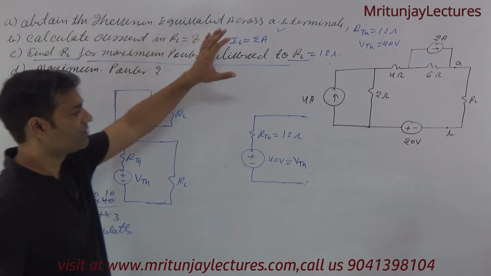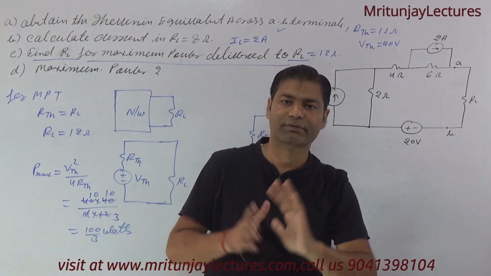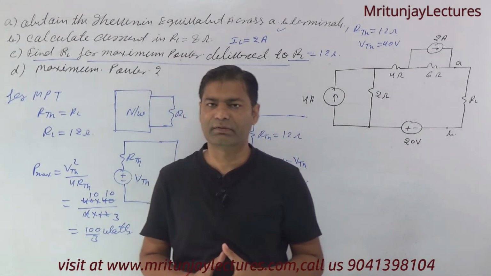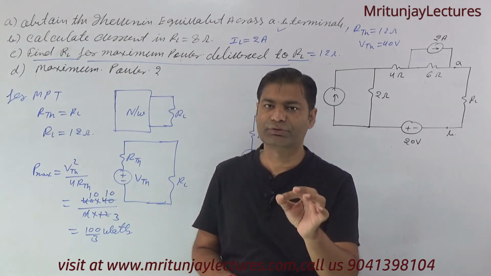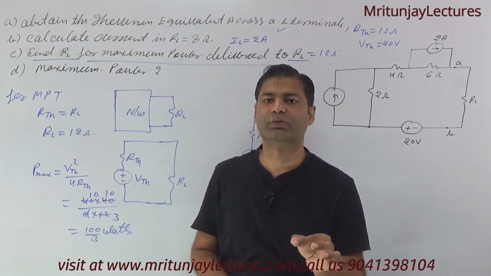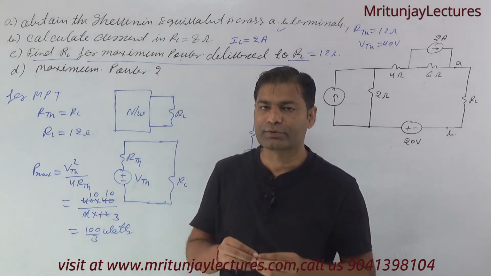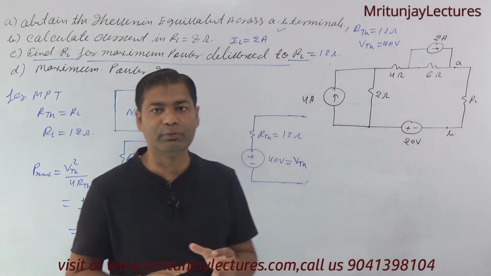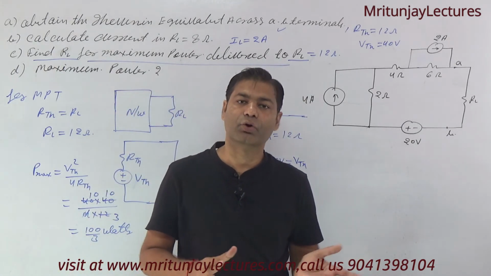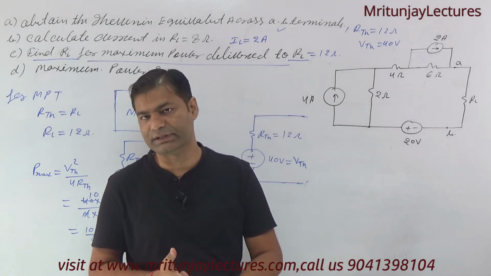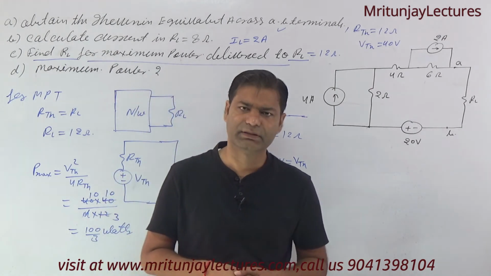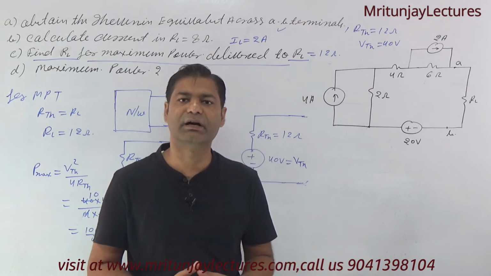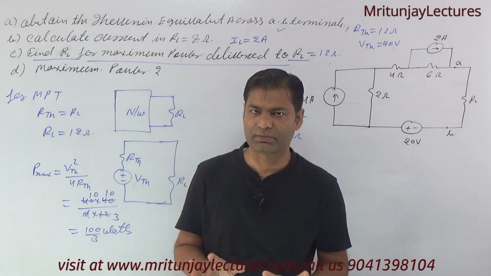Obtain the Thevenin's equivalent. First of all, whatever the question says, read the question very comfortably. Our motto is to determine the Thevenin's equivalent across the AB terminal. If the question says voltage across the AB terminal, then first of all remove RL and convert the whole circuit into RTH and VTH, whether by the conventional method or with the help of source transformation.